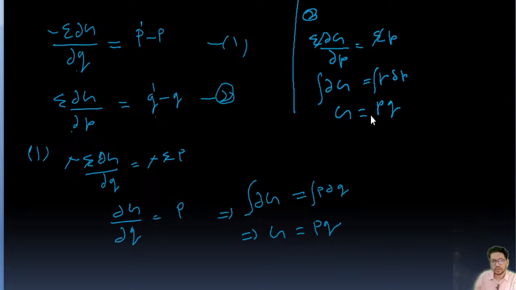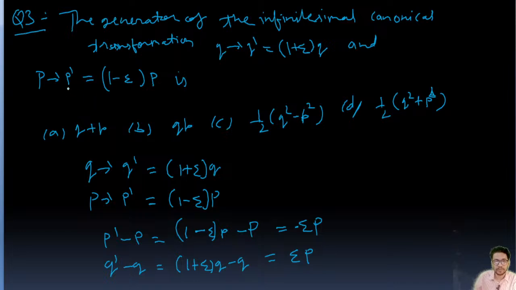So you can see the value of the generator is PQ. You can use any one of them, okay. We can check all options, so we can see G equal to QP, which is matching, right? So which option is matching, guys? Option B, okay, QP or PQ, same.